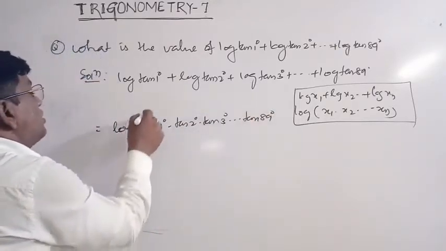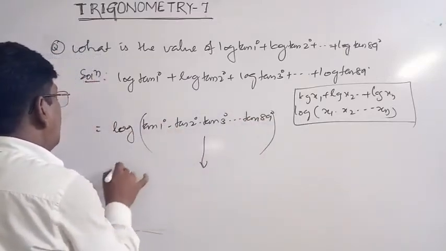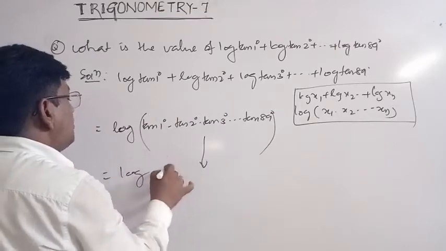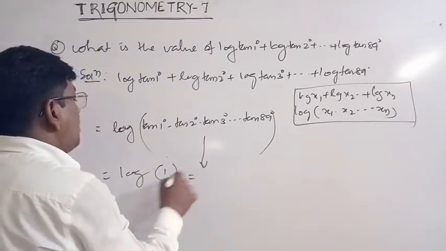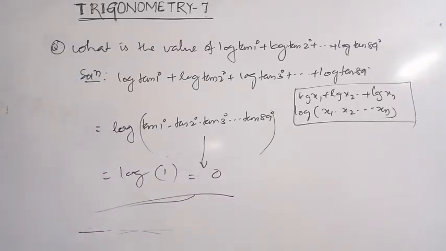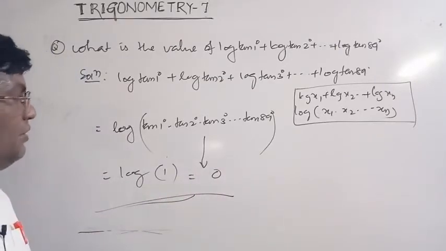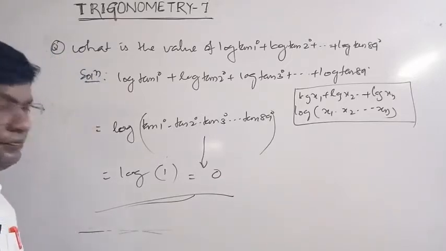We already discussed this value is 1, in the previous class. So log 1 value is equal to 0. This is a problem based on the logarithmic concept.